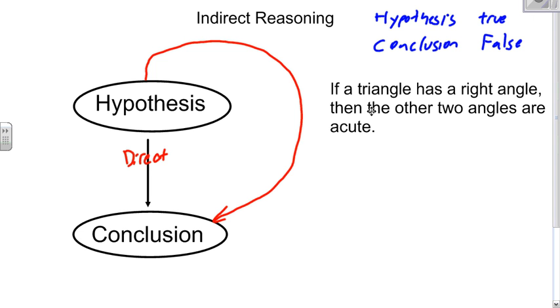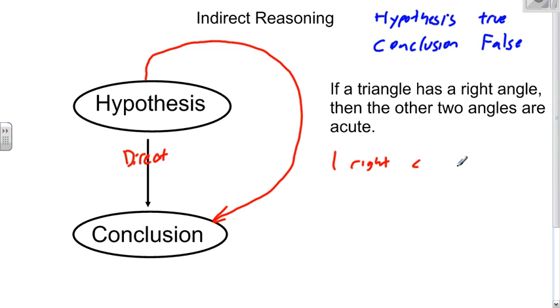So let's look at this example of how we could do indirect reasoning. If a triangle has a right angle, then the other two angles are acute. So you start by assuming the hypothesis is true, so it does have a right angle, and you take the opposite of the conclusion.